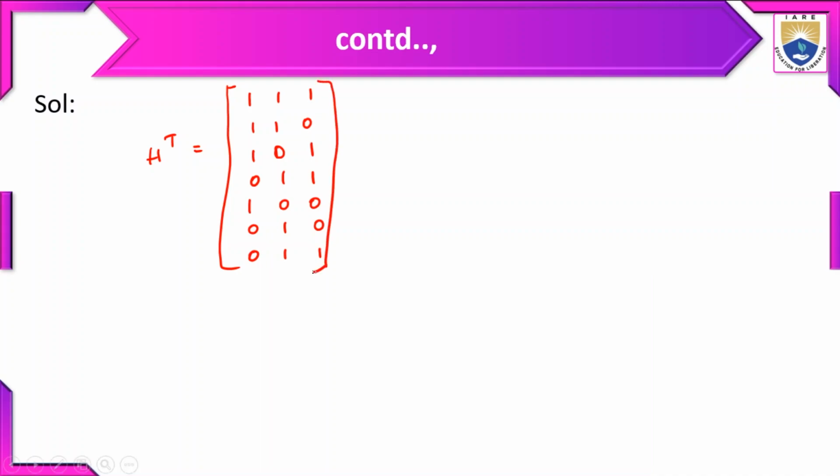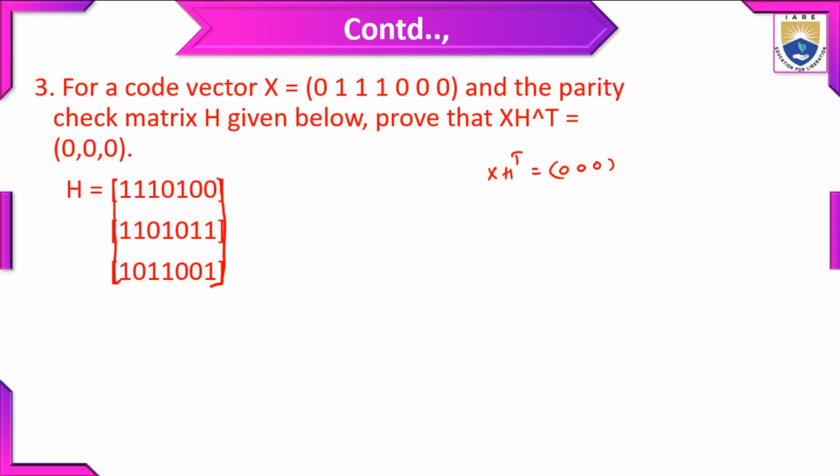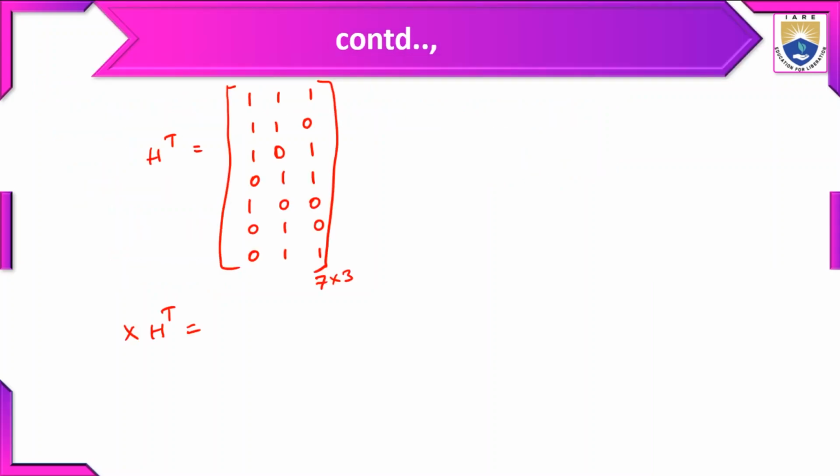This is my H transpose, the parity check matrix transpose. So 7 rows and 3 columns, 7 by 3. Okay, so what do they ask? X H transpose. They have given X and H, but simply we are going to transpose. Very easy to solve these problems in block codes.